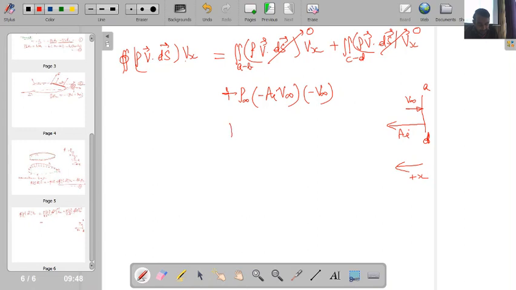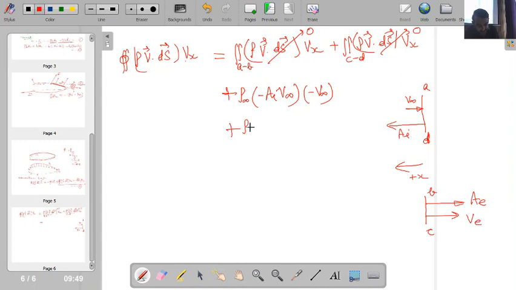Then plus, we now have to consider the outlet surface. The outlet surface is B to C. For the B to C surface, this is the area vector AE and this is the velocity vector VE. Both are in the same direction.